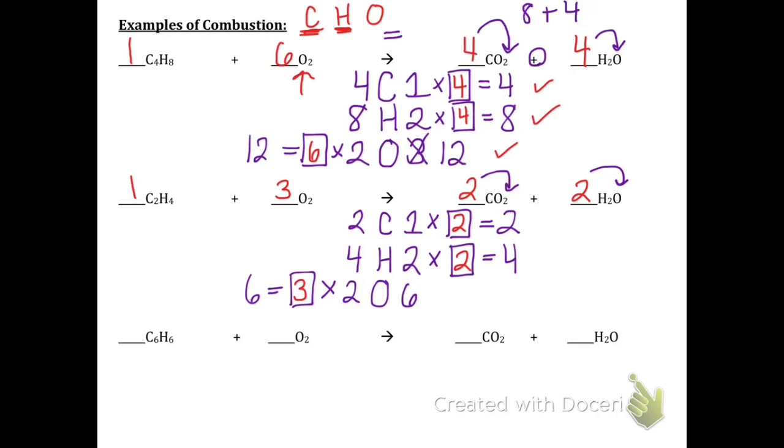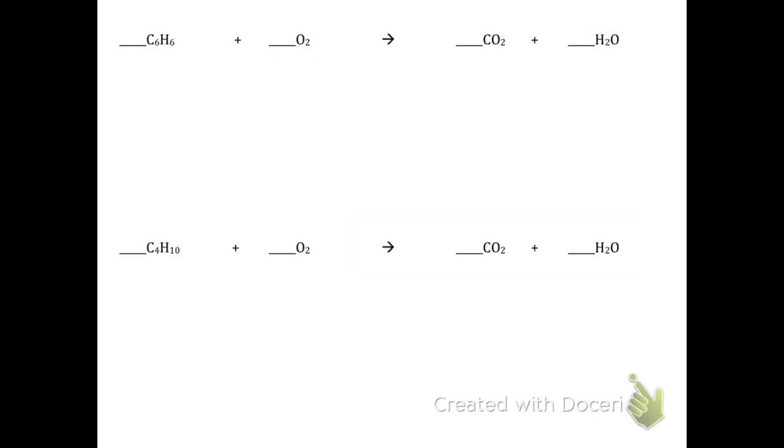All right, the last type is a difficult type of CHO problem. So I'm going to do one really, really tricky one, and I'm going to have you guys try on your own. So for example, you're going to still label this C, H, and O. So I count 6, 6, 2. Here I have 1, 2, and I'm just going to leave this blank because we're going to have to recount it anyway.